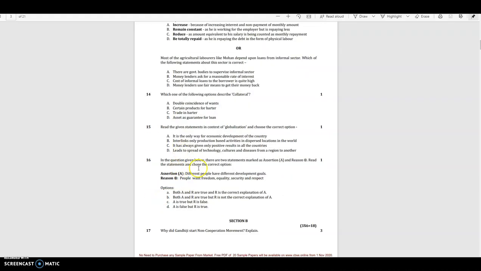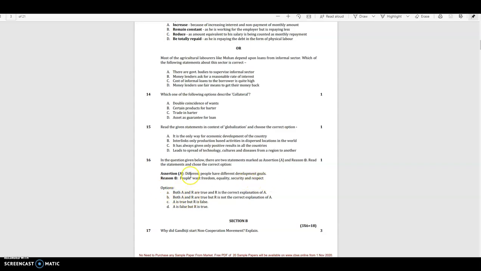In the question given below, there are two statements marked as assertion, denoted by the letter A, and reason, denoted by R. Read the statements and choose the correct option. Assertion: different people have different development goals. Reason: people want freedom, equality, security and respect.